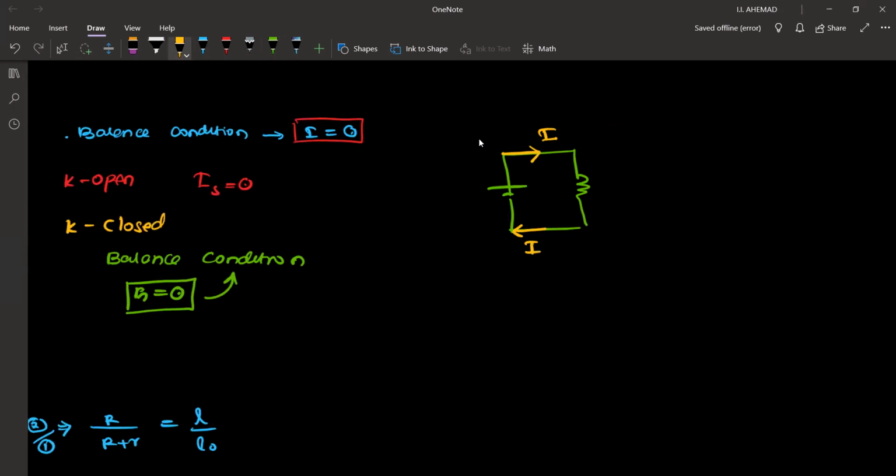So even if we have a circuit like this, will there be a current flow through this resistor? No, right? What is the reason? If current flows through this resistor, then the current leaving and the current entering won't be equal. Okay with that?